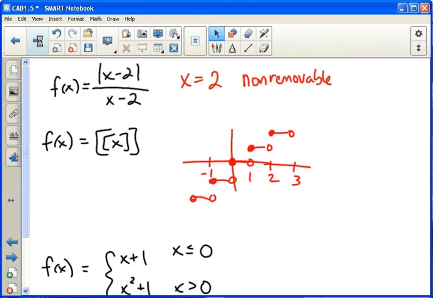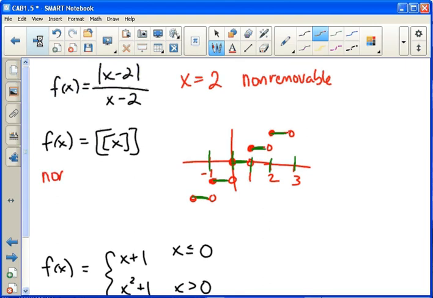So on the in-between, you're okay. Those horizontal parts, they're fine. There's no discontinuities in them. But when they jump, they always jump at the integers. So we would say that this has non-removable discontinuities at all integers. And the shorthand way of writing integers is just that funky looking Z. It's basically a Z with two backs.